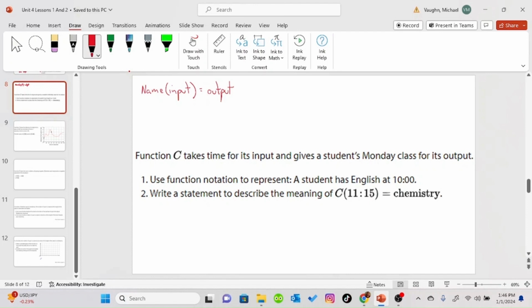So the function name is capital C. The input here is time, and the time is 10 o'clock.